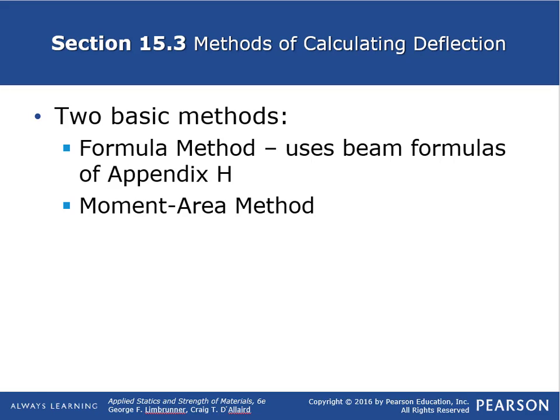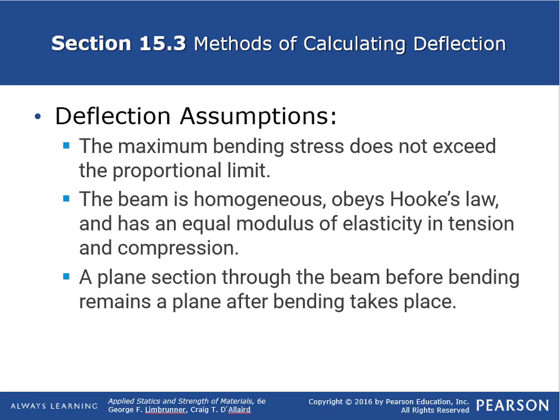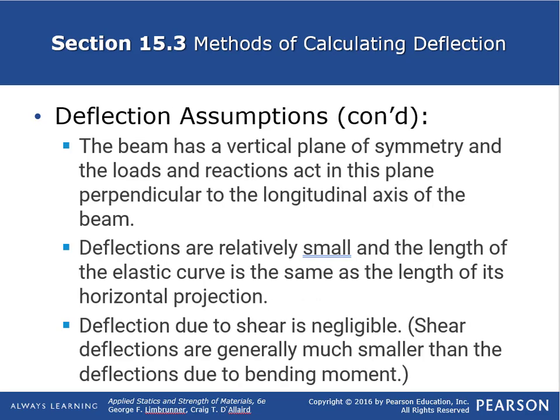For all of these deflections, we need to assume something about our system. First of all, the maximum bending stress does not exceed the proportional limit. Second, the beam is homogeneous. It obeys Hooke's law. It has equal modulus of elasticity in tension and compression. A plane section through the beam before bending remains a plane after the bending takes place.